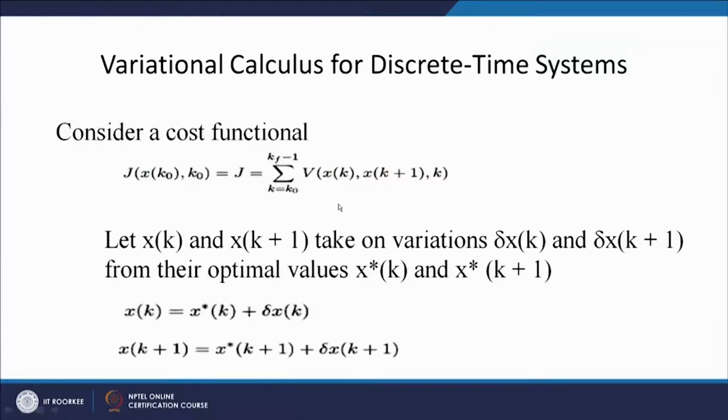In the previous class we have seen that variational calculus can also be applied to the discrete system. We are minimizing a functional given as v of x k plus 1, k plus 1. The variation at the optimal point is x star k plus delta x k, and at k plus 1 it is x star k plus 1 plus delta x k plus 1.